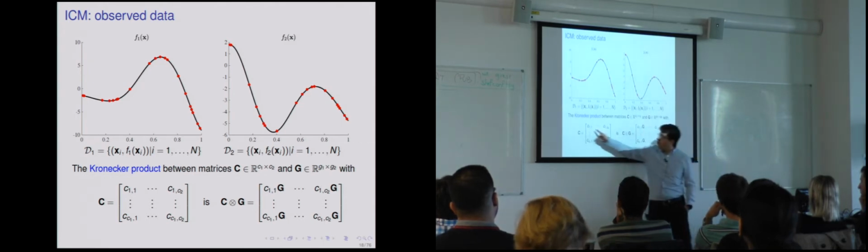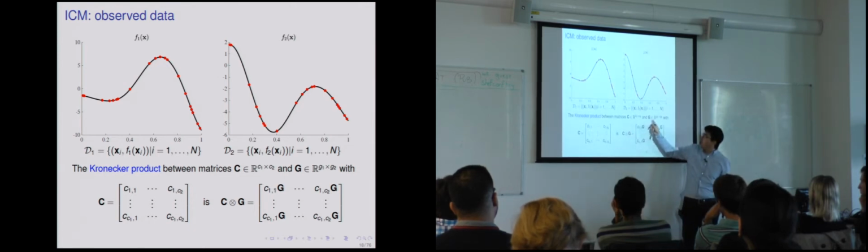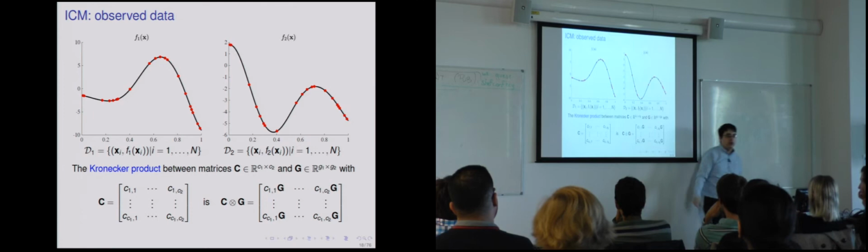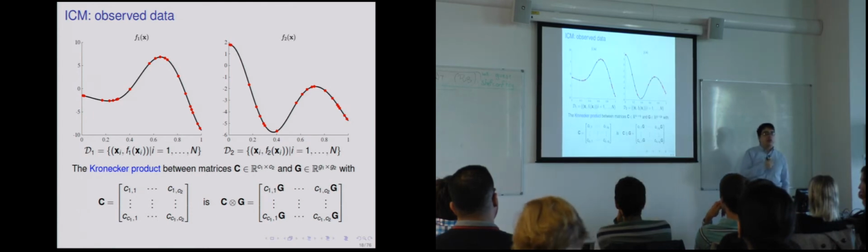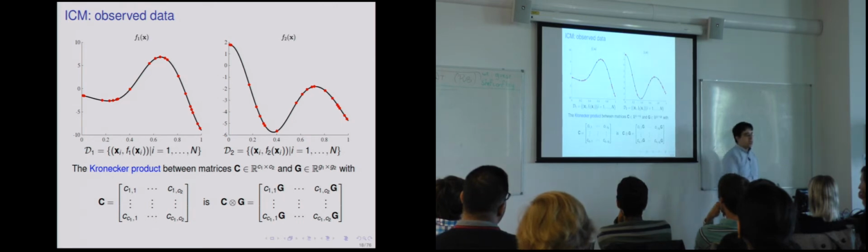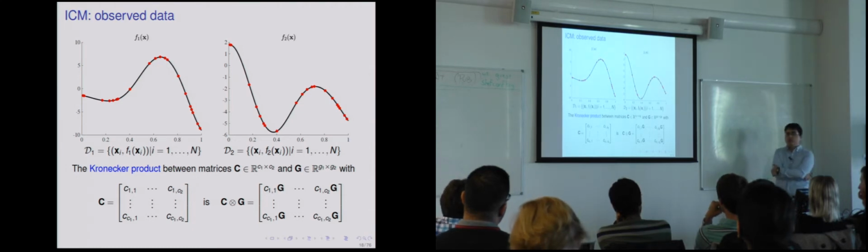So I take each of the elements of the matrix C, and I multiply that element times the whole matrix G. And then I form my huge matrix as the Kronecker product of the two of them. Is that clear? So what are the dimensions of this matrix? C1 G1 by C2 G2, right?